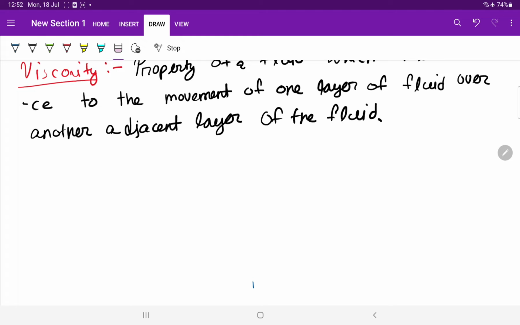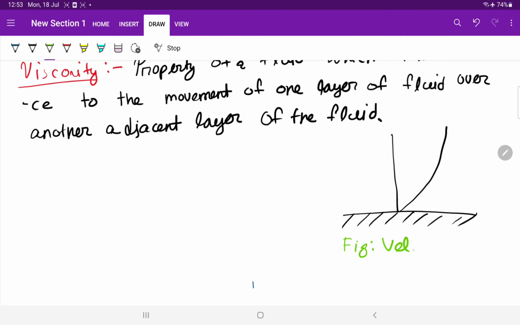Now comes the major things which we need to know. First of all, you can draw this diagram, which you'll find in every suitable textbook. This is the figure, velocity near a solid boundary.